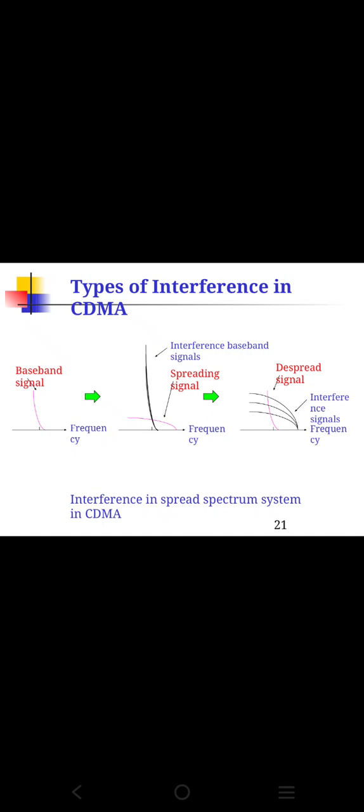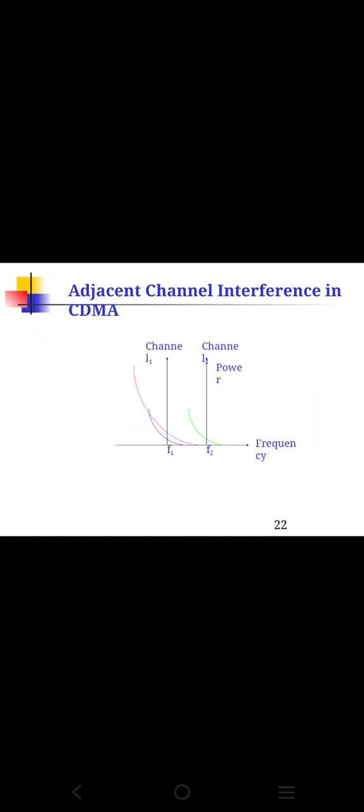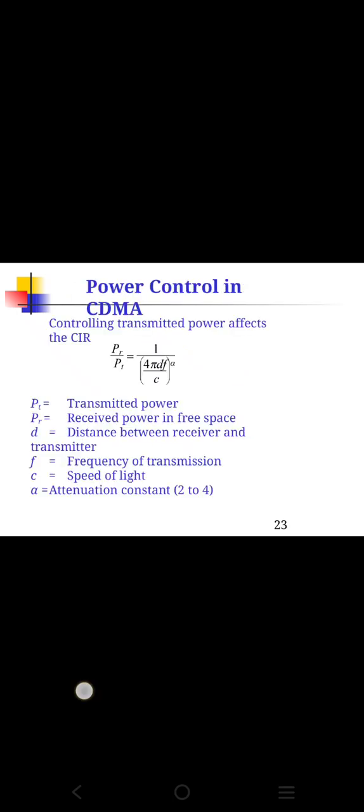When the signal is despread, this is how the interference signals appear. This is the adjacent channel interference, how channel 1 and channel 2 interfere, with power and frequency. F1, F2 are the frequency levels, and channel 1 and 2 are the number of channels when data transmission is done.